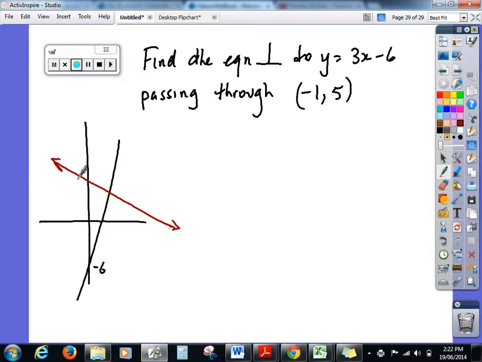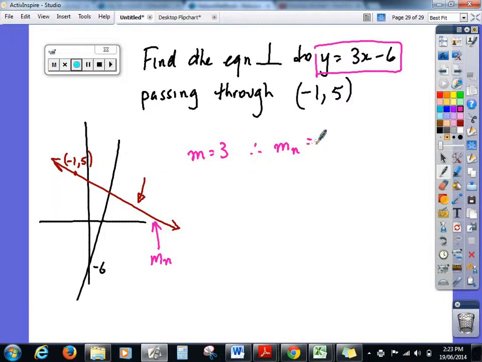That passes through negative 1, 5. So we want the equation of this red line here. Because we've been given the formula of the original line, we want to find the formula of the perpendicular line. So the original gradient is 3. Therefore, the normal gradient, the gradient of this one here, would equal upside down of that and negative, so negative 1/3. And once again, we've already got the point that we have there.